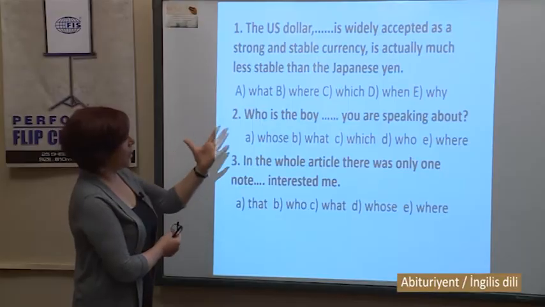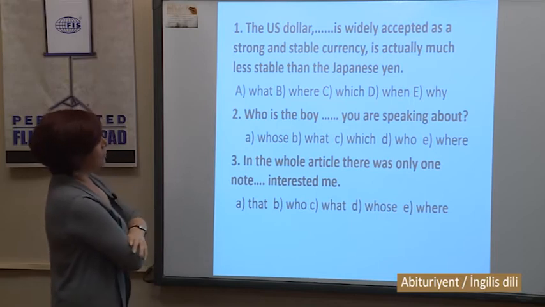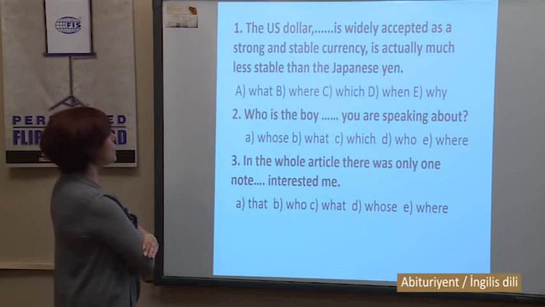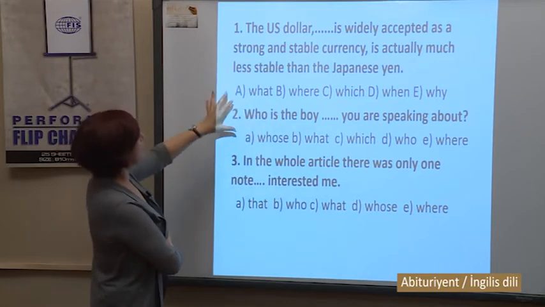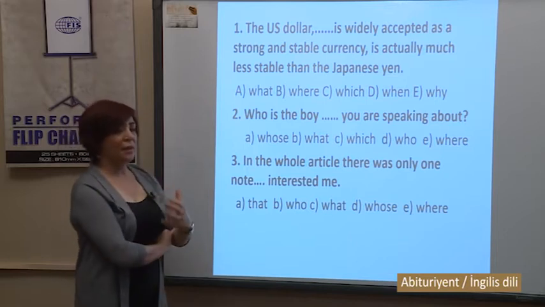Now some sentences. We have to choose 1 out of 5. The US dollar, blank, is widely accepted as a strong and stable currency, is actually much less stable than the Japanese yen. Our main sentence is, the US dollar is actually much less stable than the Japanese yen, and then we give an explanation.